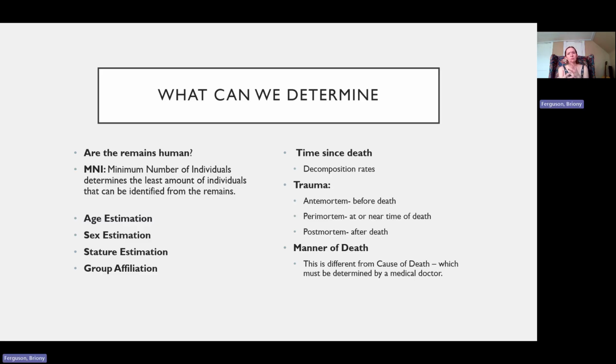Now, you might be wondering, how can something occur shortly after the time of death if it's not the cause of death or the manner of death? This is not always going to be something nefarious. It might be. It might be that somebody was attacked and the attacker kept going after the person died.